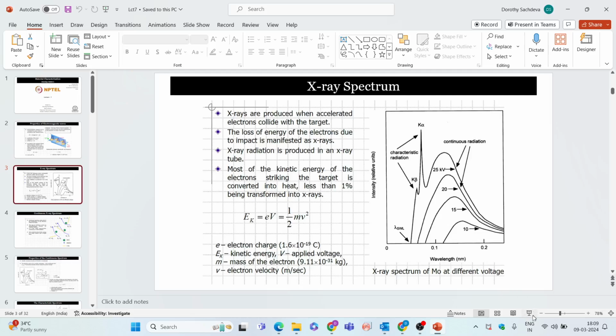Are you able to see slide number 3 with the X-ray spectrum as the heading?